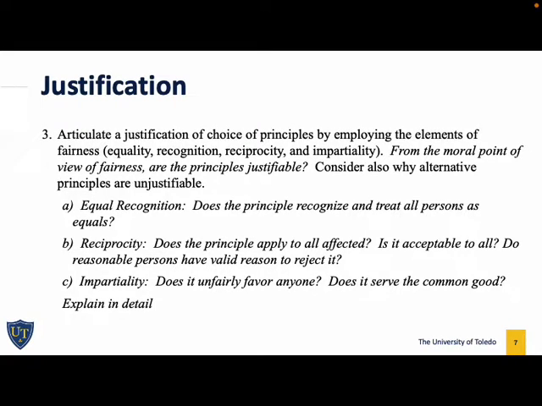Ascriptive characteristics such as ethnicity, race, religion, gender, perhaps sexual orientation, etc. Which we could argue from the moral point of view are arbitrary. They have no moral status, or shouldn't have moral status. That would be the point of view of fairness. Such ascriptive characteristics should not be determinant in questions of justice.